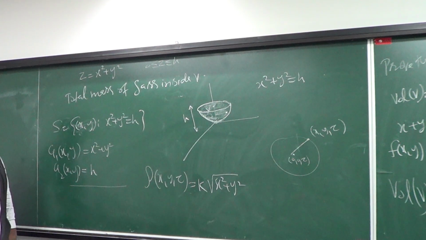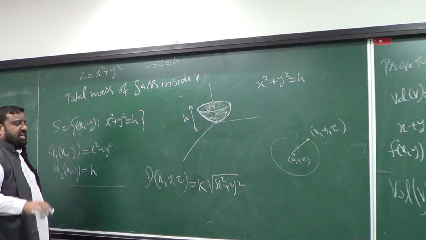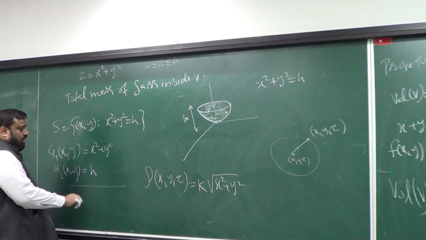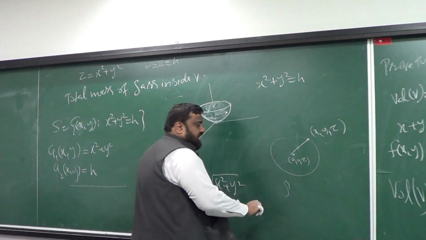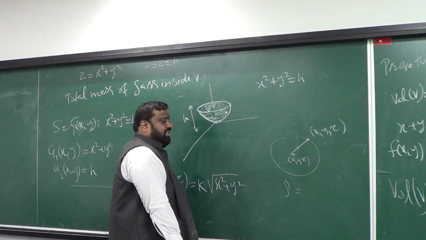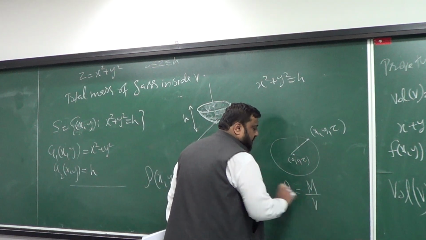Now, what is the relationship between the density and the volume? Mass per unit volume is density. So here's a rough sketch. If you want to compute the density, you need mass per unit volume.